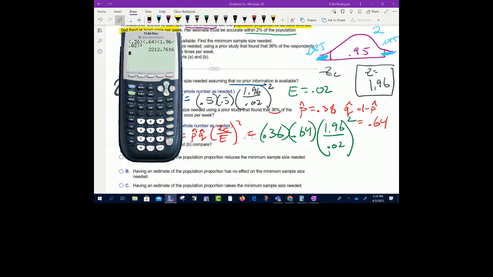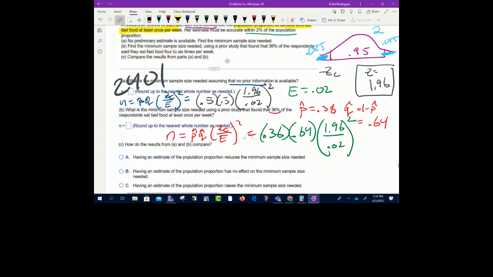I've got no idea. There it is, 2212. We're going to round it up, 2213, right? What I'm saying, though, is I want you to be a little careful when you're doing your calculations. Make sure you're typing in everything correctly, because one small mistake is going to throw the whole thing off, and it's kind of hard to determine, hey, is my number right or wrong, okay?